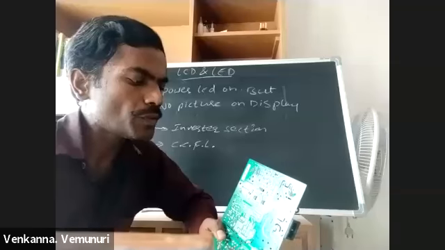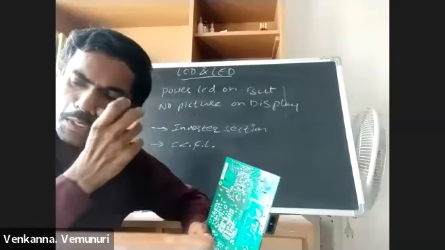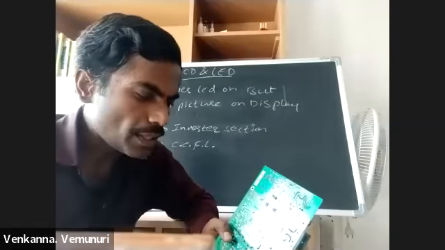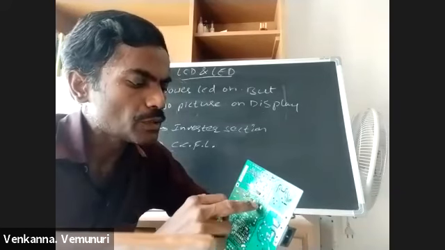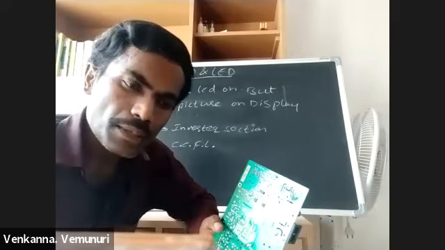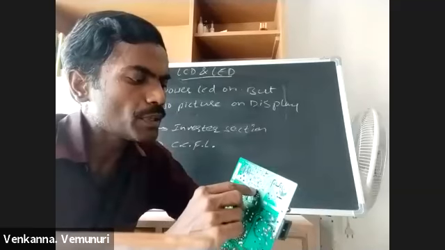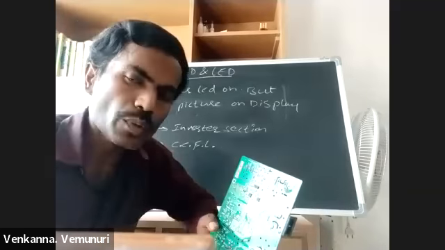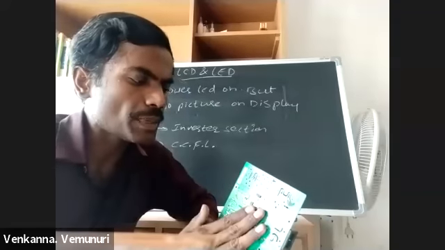So that time you first confirm these two FETs are working condition or short circuit. If these two FETs are working condition, but these two FETs are not receiving input signal, switching signal, that time problem in PWM IC, you replace that PWM IC. That time it is working properly.